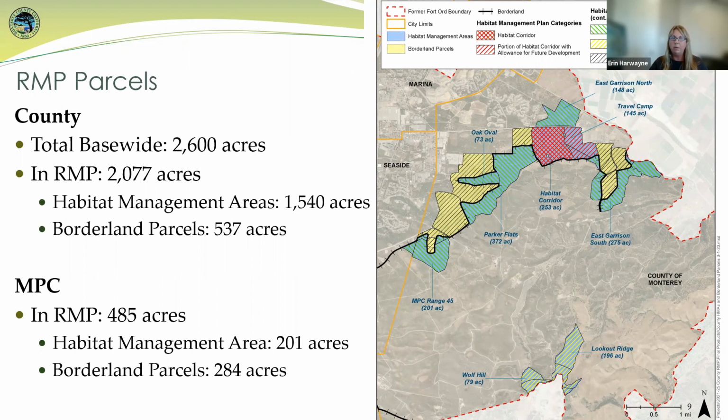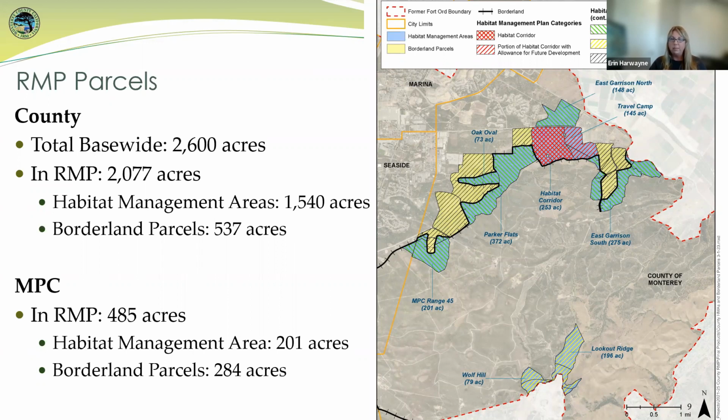What the HMP proposed is that any development coming in and abutting these reserve areas you see in green should have special restrictions and requirements, so that it does not adversely affect the sensitive habitat and species within the reserve areas. That's the difference between these borderland parcels and reserve parcels.